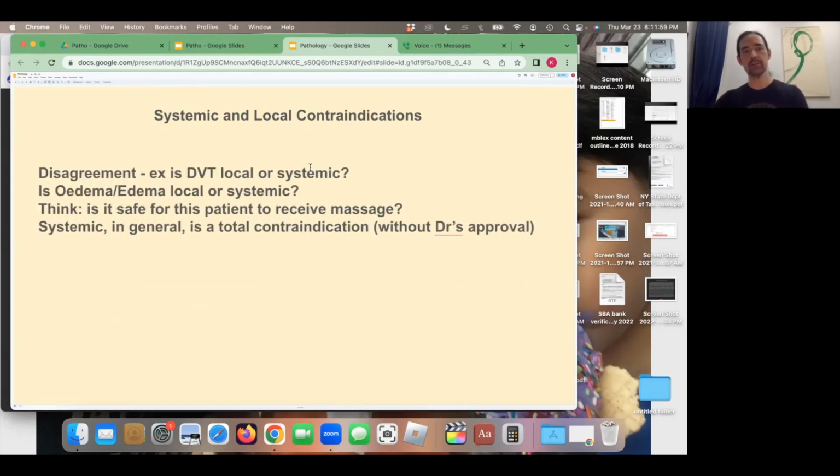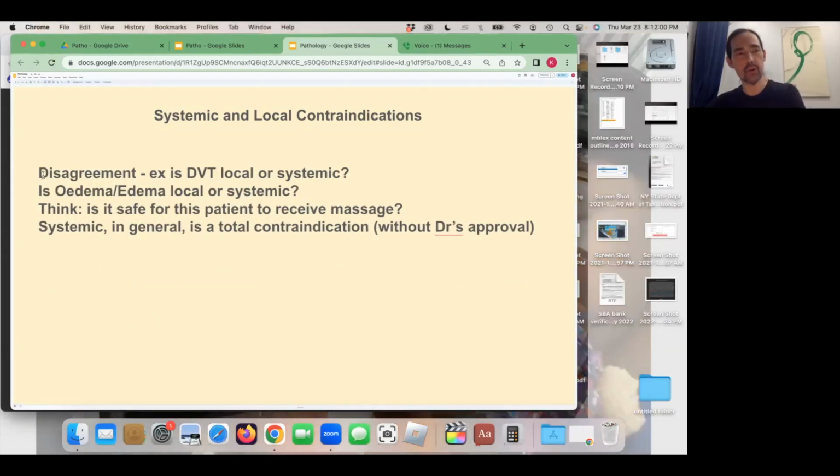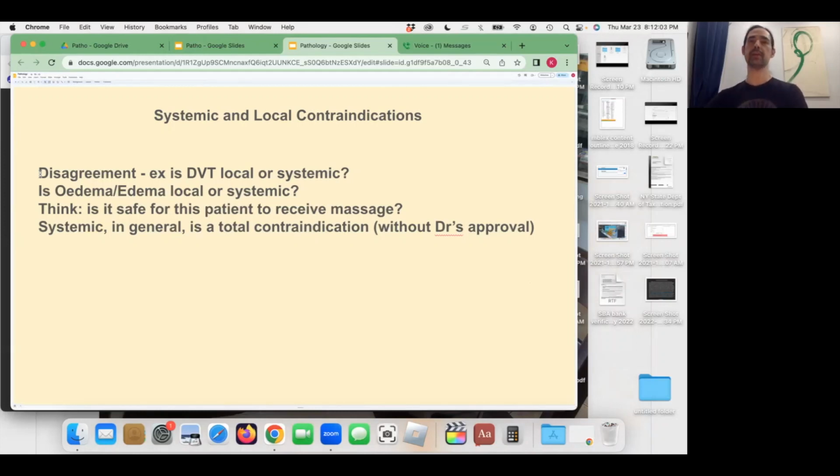So, systemic and local contraindications: there's always some disagreement about some specific things. I'm going to try to help you keep it simple and discern which side to lean on, whether to call something local or systemic, whether to say something is totally contraindicated, or maybe it's okay with a doctor's approval.